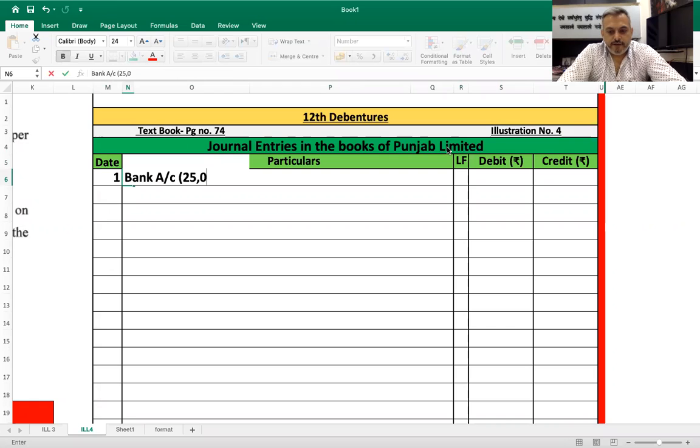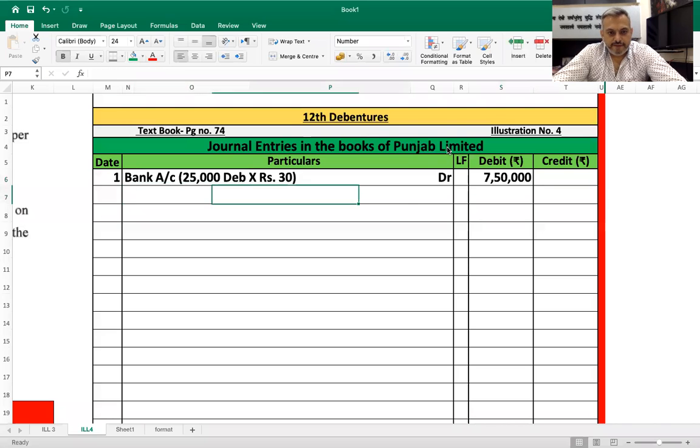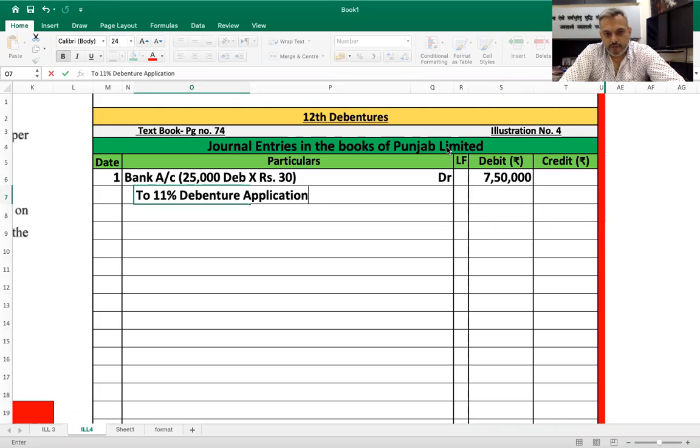Now 25,000 debentures into rupees 30 per debenture, 7,50,000, to 11% debenture application account.